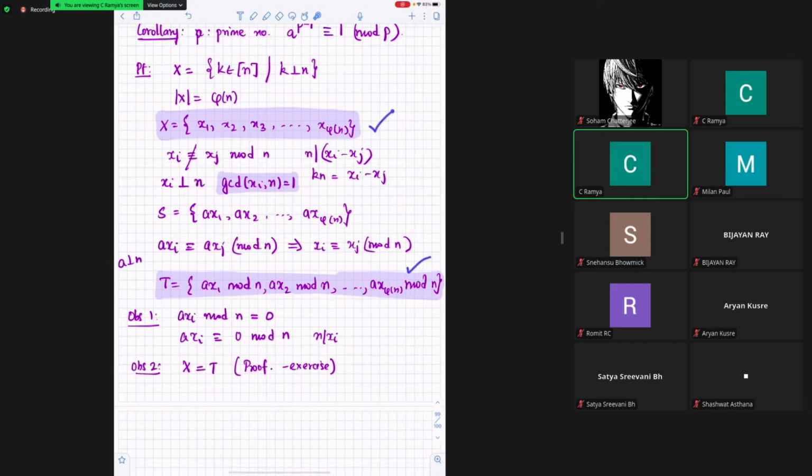That is definitely true about this. Now you can further see that every number here has a number here that is the same. Maybe the ordering is different, the way it's written, but they are essentially the same sets.